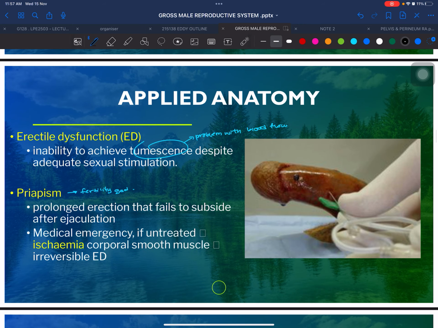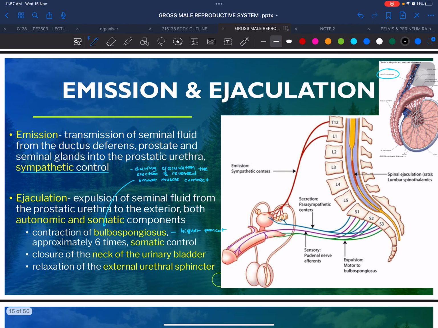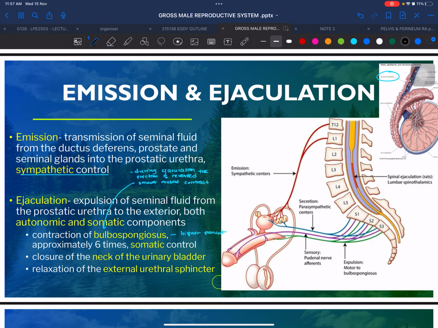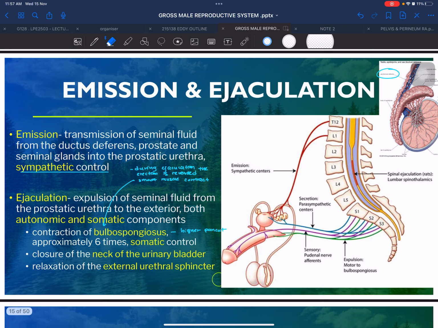And then it needs the closure of the neck of the urinary bladder, which needs the sympathetic, and relaxation of the external urethral sphincter, which needs the parasympathetic. So this is the summary of the erection, emission, and ejaculation.